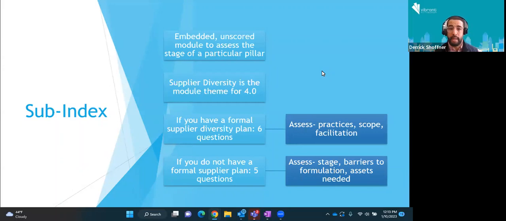Things of that nature. So within the index this year, as you complete and get to the assessment area that is supplier diversity, you will then be routed based upon a question to a sub-index, which is another block of questions that will take things a step further in terms of assessment.